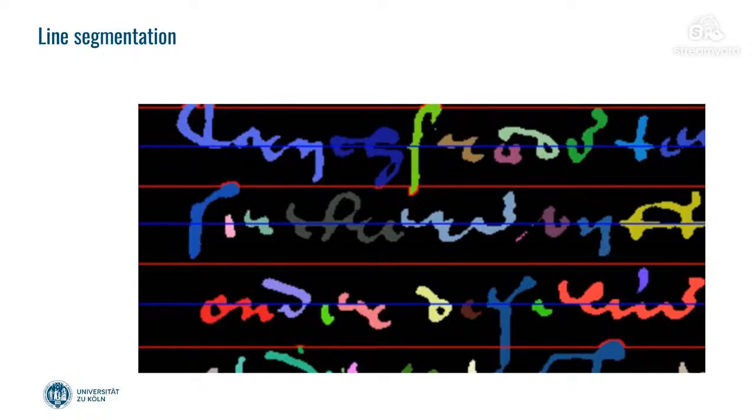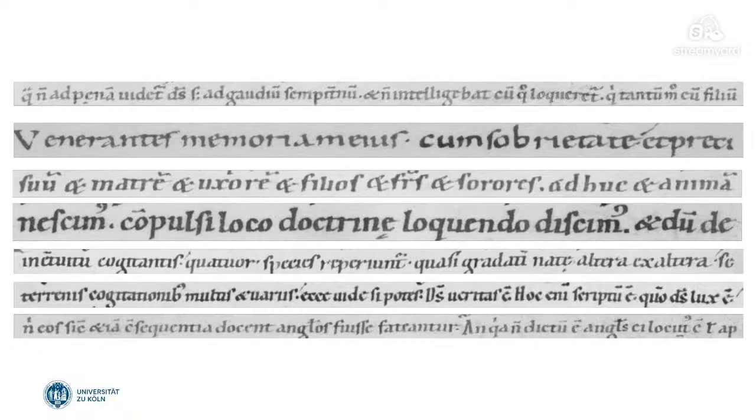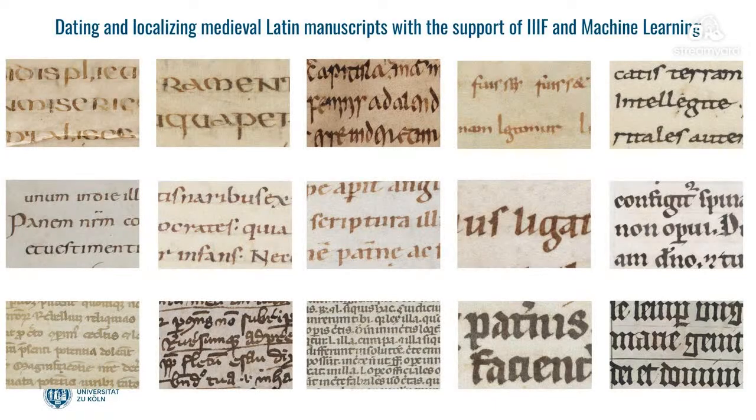You detect the baselines to have also the ascenders and descenders, and to measure the distance between the lines. And then you can segment and separate the different lines. So this is important for HTR to be able to transcribe line by line.